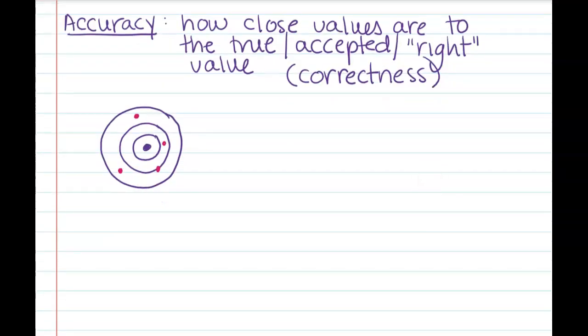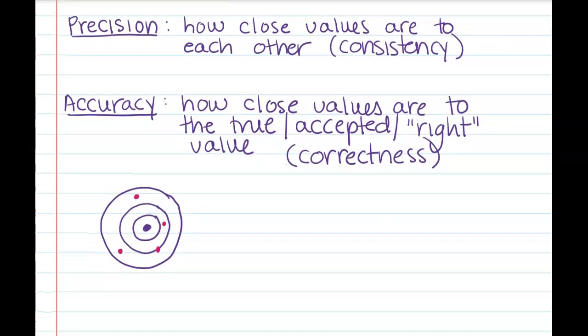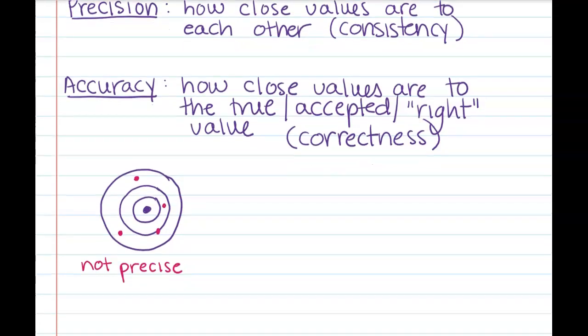So this is not precise. They're really not close to each other. And when you throw a dart, let's say we're doing basic where our goal is just to hit the bullseye. We're not doing anything complicated. So if your goal is to hit the bullseye, you weren't accurate either. So your darts were not close together, and they were not close to the target.